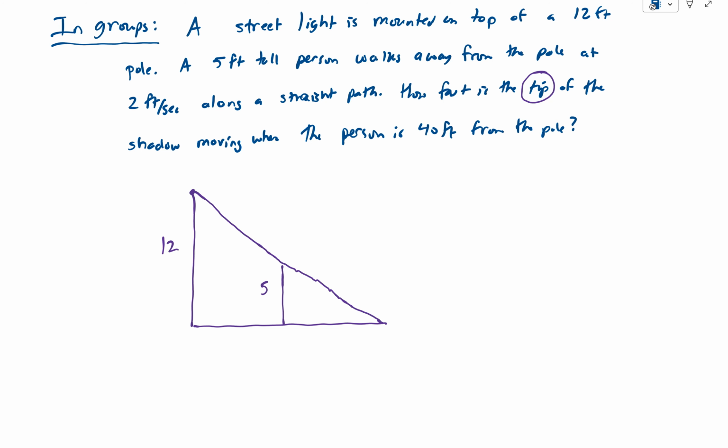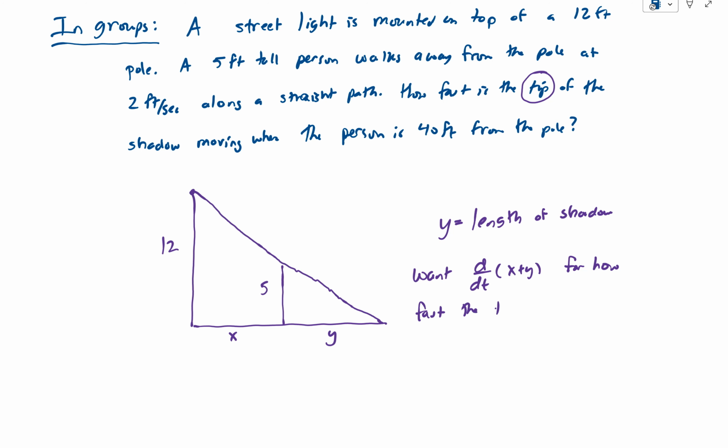Okay, so what we have, if I label this part as X and this part as Y, notice Y is the length of the shadow. But the tip of the shadow is X plus Y distance. So what we actually want is d dt of X plus Y, just for how fast the tip of the shadow is moving.